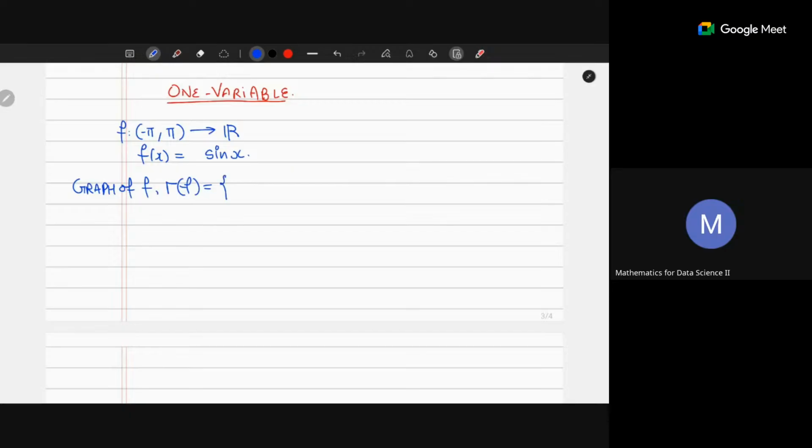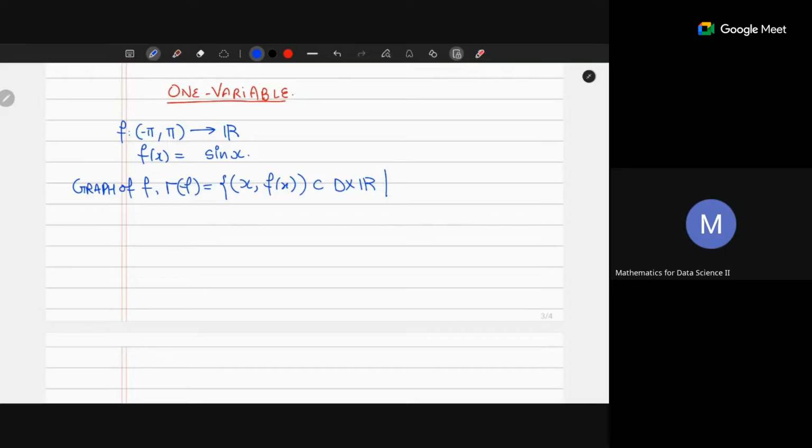The graph of f is, for a function, the domain point comma the value of the function. The second coordinate is the value of the function. So it is always part of domain cross R, so domain cross the range.